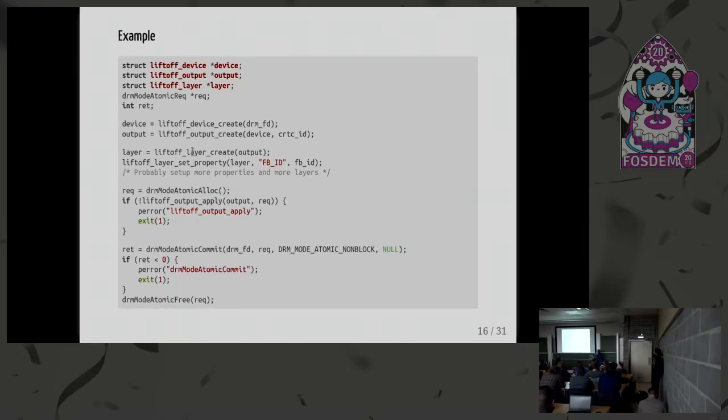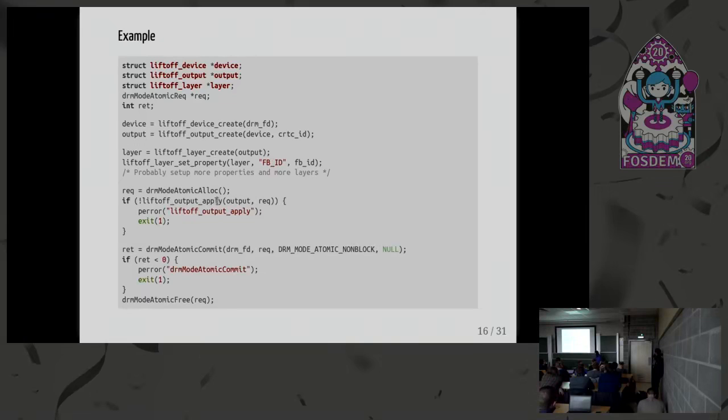And then you can create as many layers as you want. Here I create a layer. I set the frame buffer ID. I can set the position. I can set the scaling method and a bunch of stuff like this. These are just standard plane properties. Probably a real-world example will set up more layers like this.